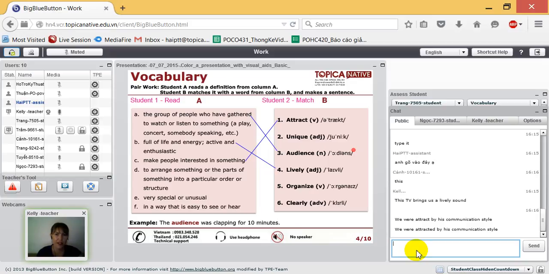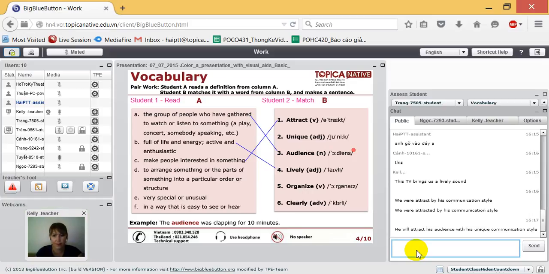Okay, Tuette? So if you wanted to use attract, you could say he will attract us. He will attract his audience with his unique communication style. Okay.